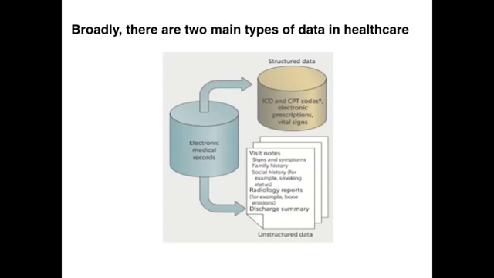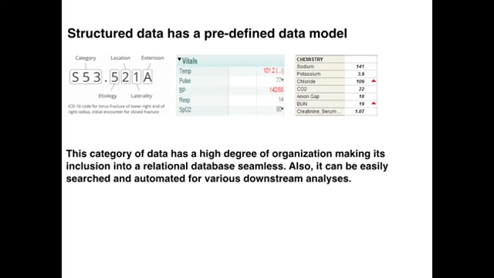There are two main types of data in healthcare: structured data, which includes diagnosis codes, laboratory test results, etc., and unstructured data, which is mostly comprised of free text documents. Structured data have a predefined model of data and are often numerical in value.